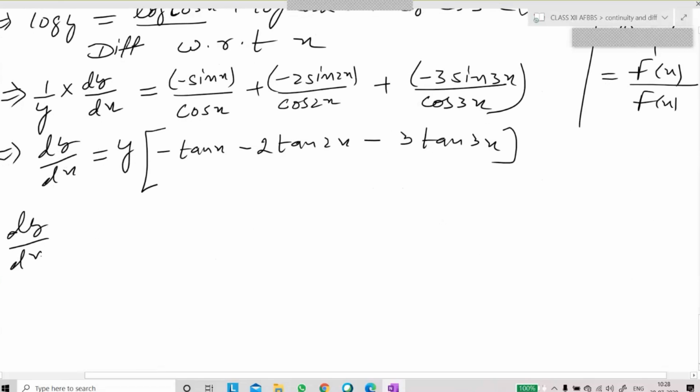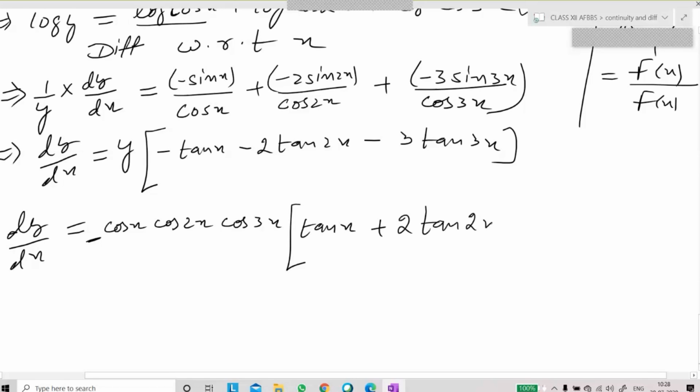So the value of dy by dx is equal to, in place of y I write cos x, cos 2x, cos 3x. This is the value of y. I can take minus common outside, and inside the bracket it becomes tan x plus 2 tan 2x plus 3 tan 3x, and this is your answer.